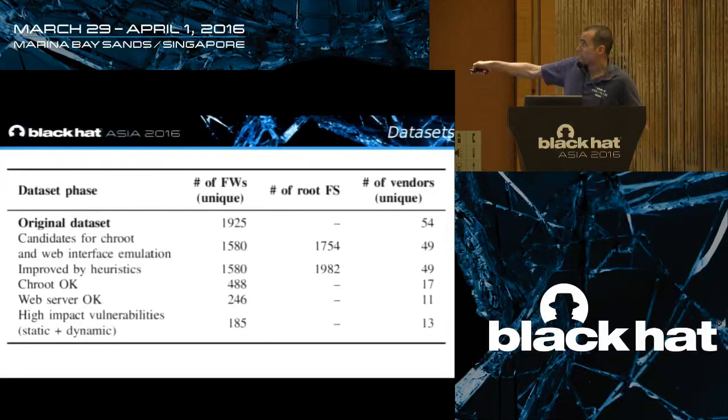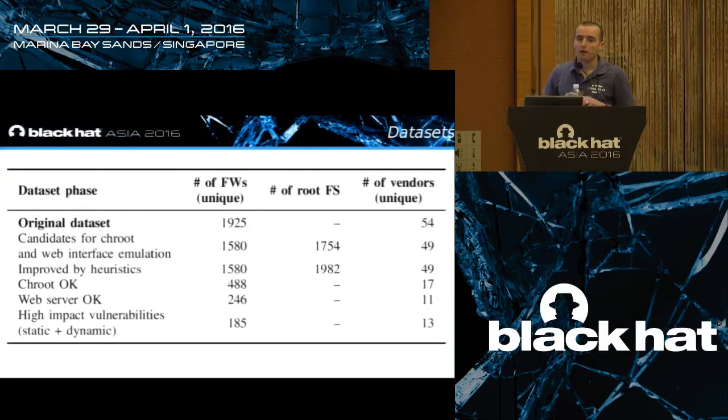We figured out that around 500 do chroot okay. The rest fail to do chroot, and sometimes it's obvious why. If you look at a binary file, for example BusyBox or shells, you'll see that they look like MIPS or ARM, but there's a lot of variety within MIPS and ARM as well.